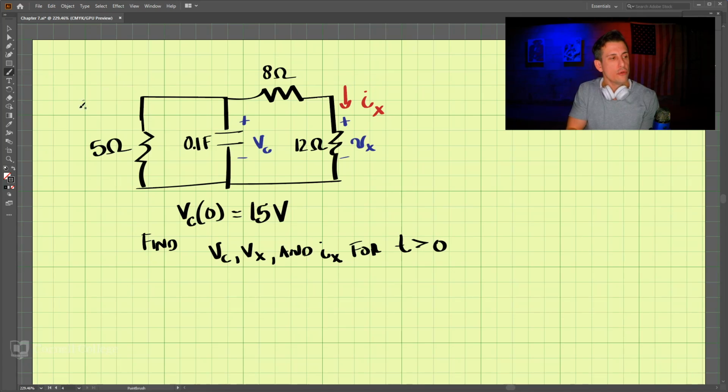So we can use an RC circuit here. We have no sources. So let's first find the equivalent resistance of this whole circuit.